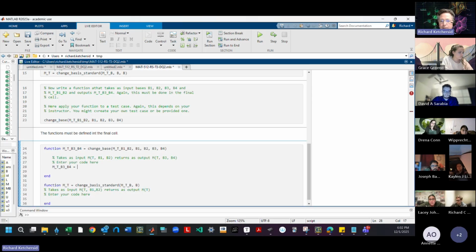And then, let's see. Oh, I made this too big. I can't see what I'm doing. Okay, so this is going to be B4, and then B2, and then MT B1, B2, and then B1 inverse, B3.